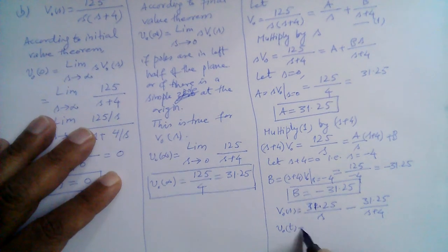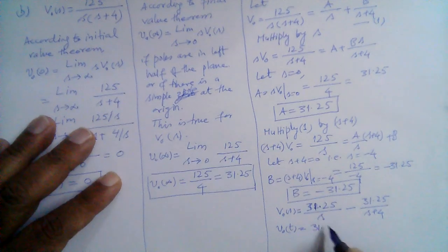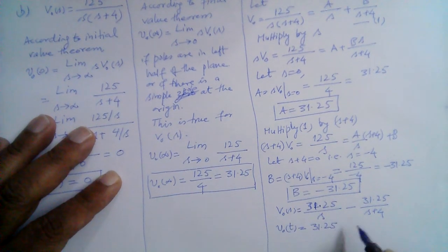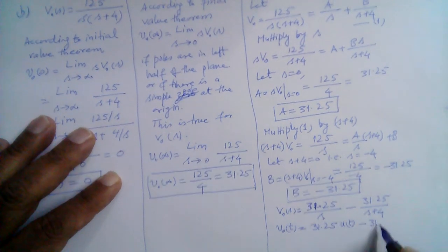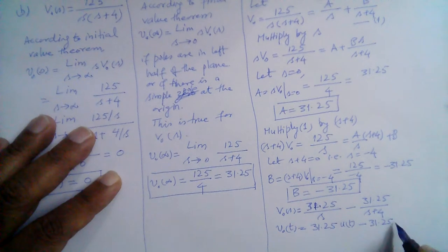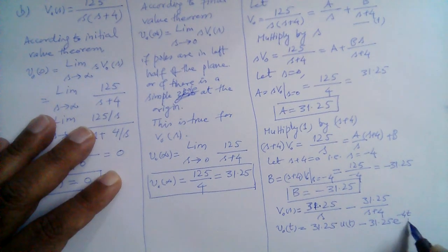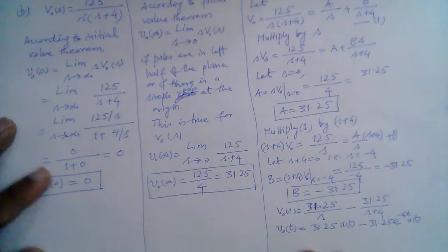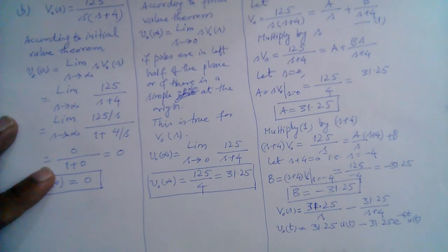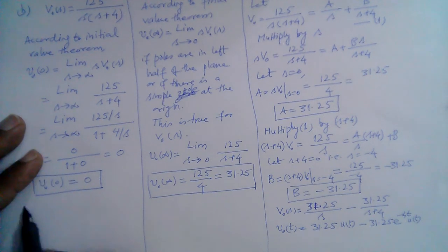is equal to 31.25 u of t minus 31.25 e raised to the power minus 4t u of t. So we can take this 31.25 common.